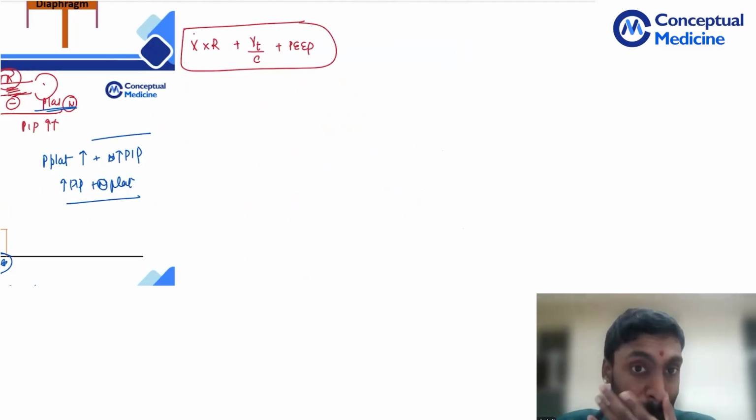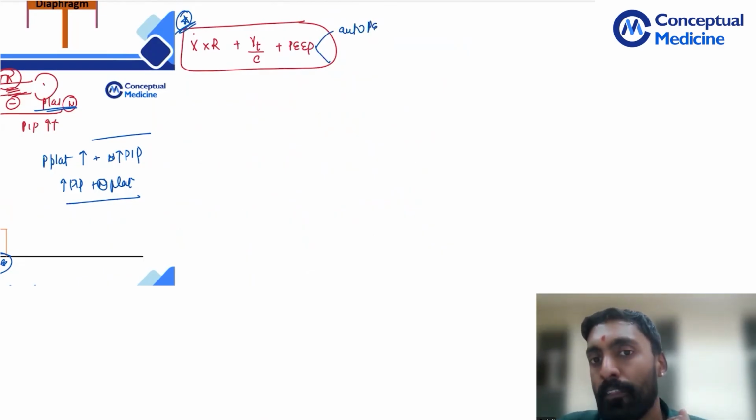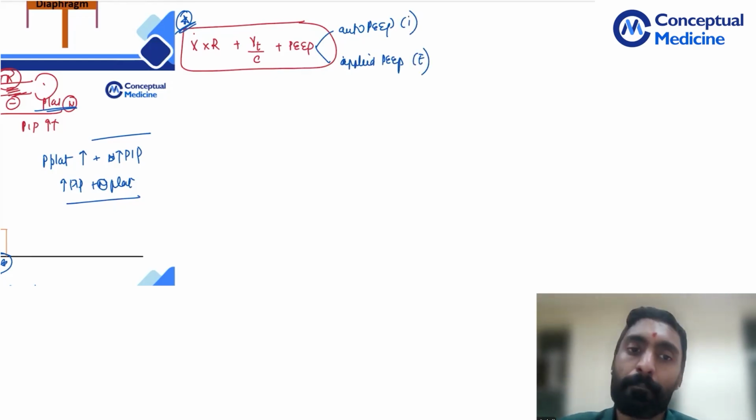Extremely important. This is one thing that you must remember. This PEEP can be of two types. One is called auto PEEP, which is commonly seen in conditions like COPD, or it can be your applied PEEP. Applied PEEP is also called extrinsic PEEP, and auto PEEP is also called intrinsic PEEP.